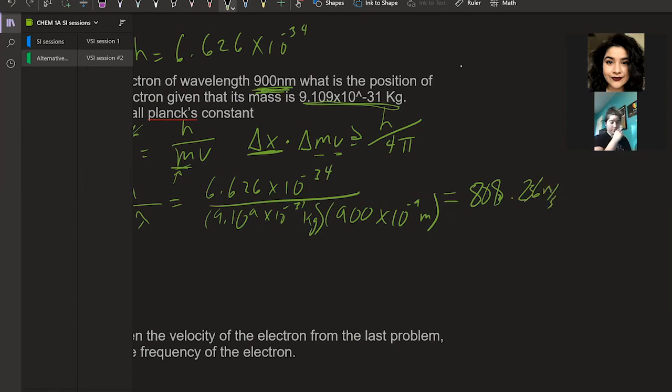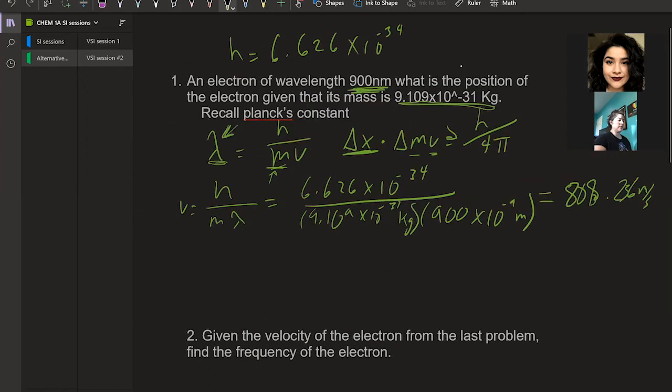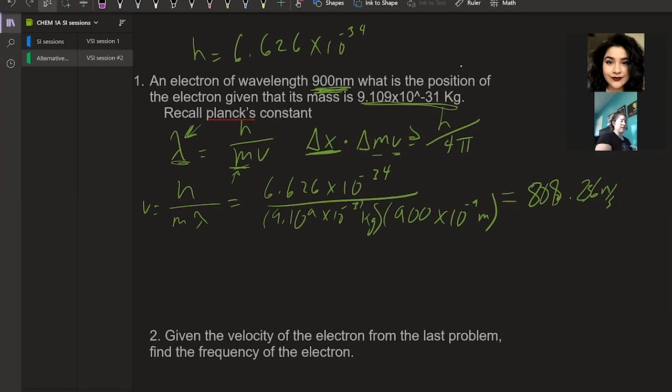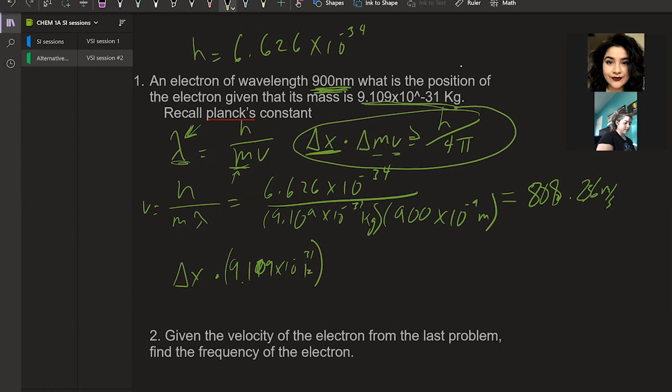Once I've found velocity, I can plug it into my equation here. So I have delta x times 9.109 times 10 to the negative 31 kilograms times 808.236 meters per second is equal to or greater than Planck's constant over 4 pi.